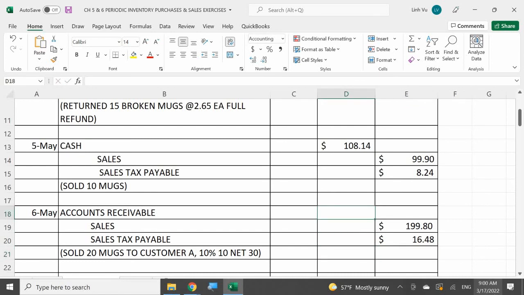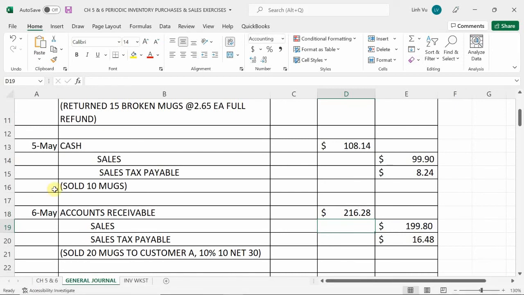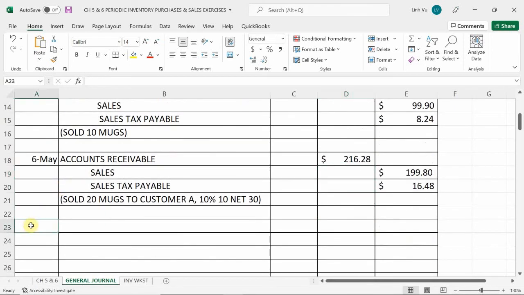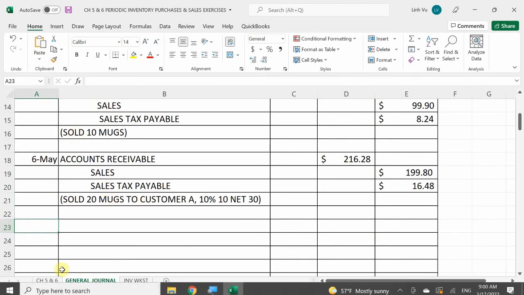So in this case, how much does customer A actually owe me now? $216.28. Okay. All right. So that was the sales to customer A on an account.